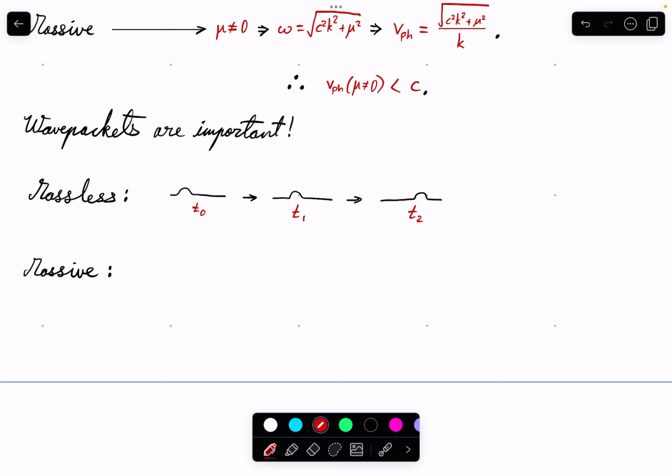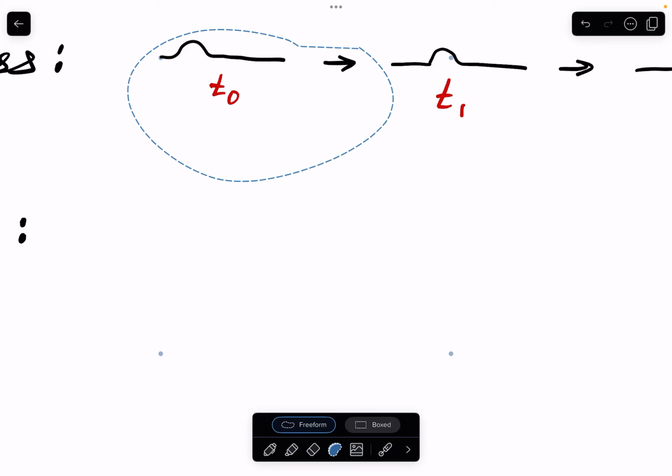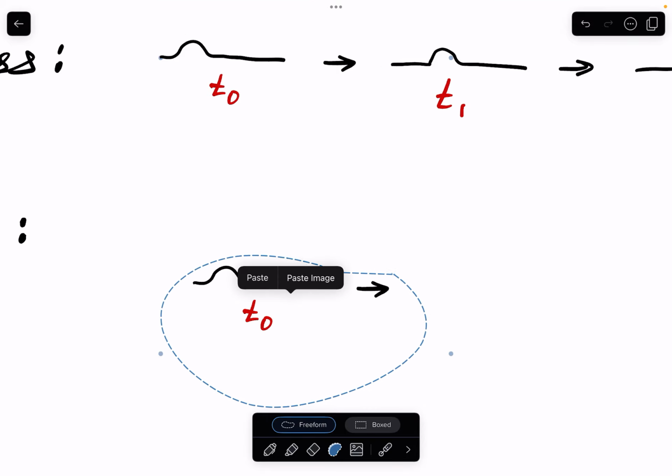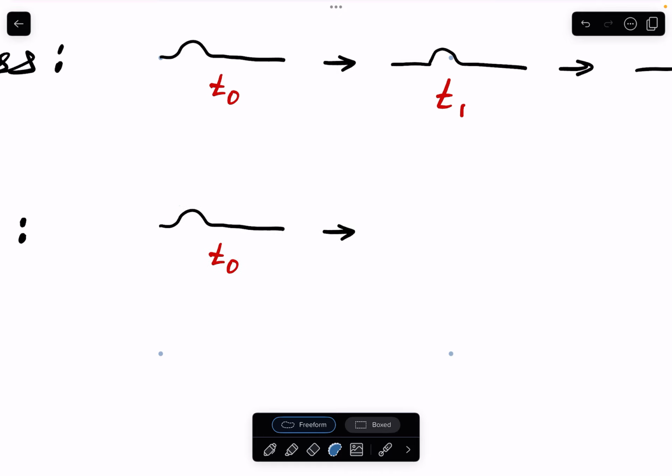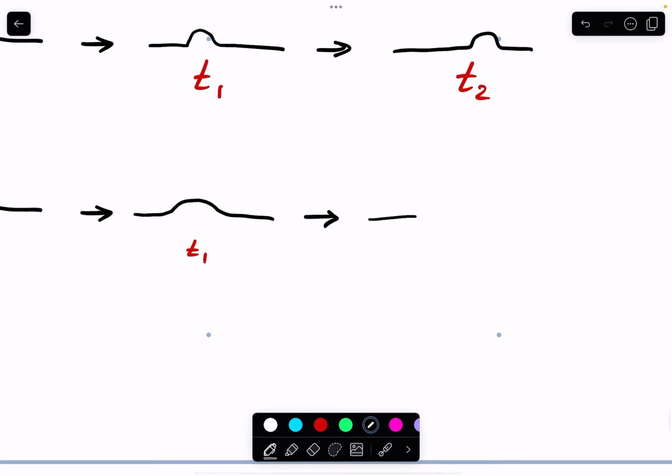And for massive particles, if we start with the exact same wave, then we end up with something that looks a little more spread out. So it's still moving. The center of it has moved to the right, but it's a little more spread out.